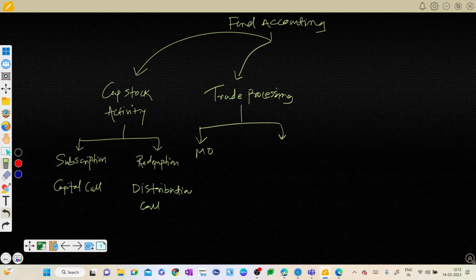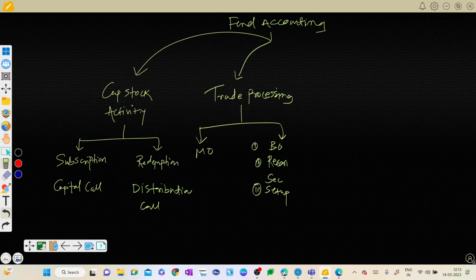Then middle office activities come into the picture, as well as back office activities. You might also see other activities like Recon, with Recon you might see security setup in the system. Those would be the prime activities.